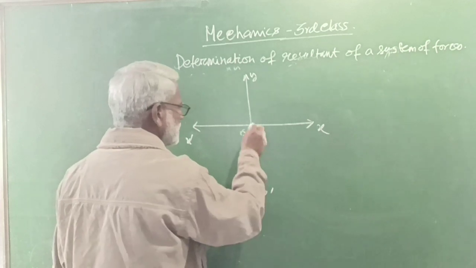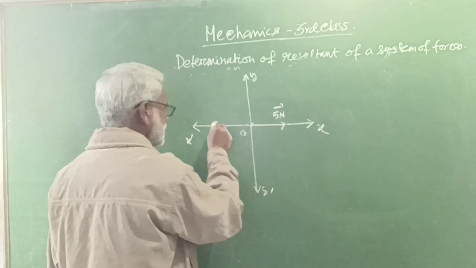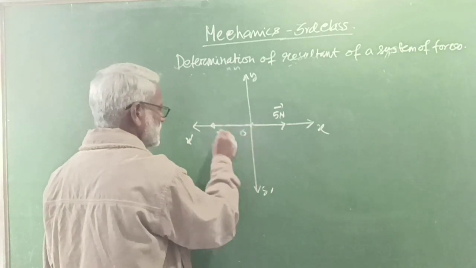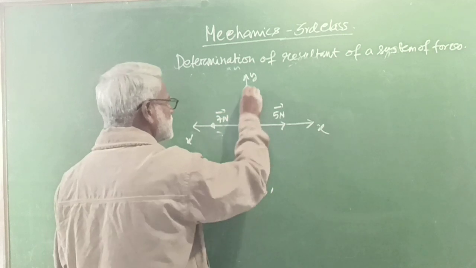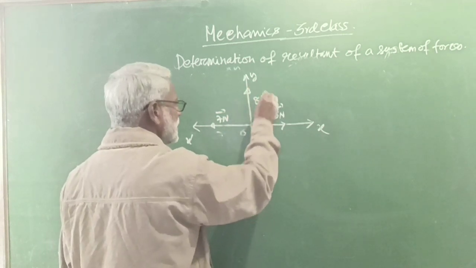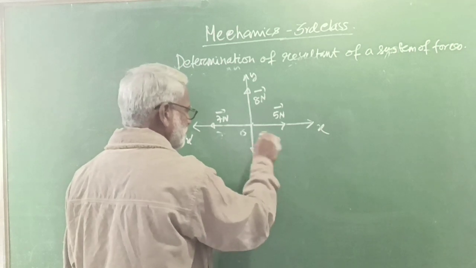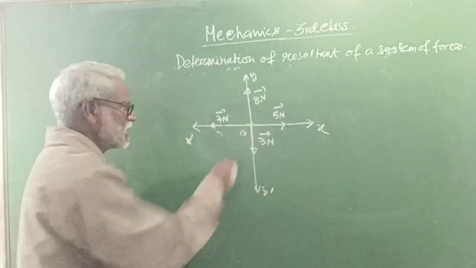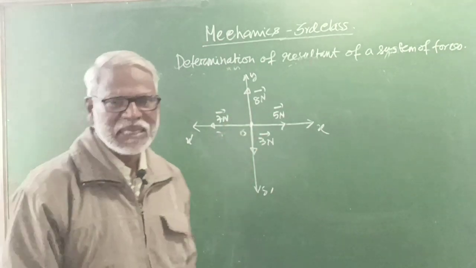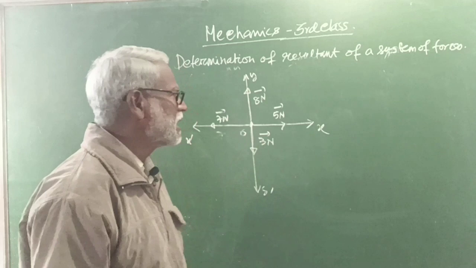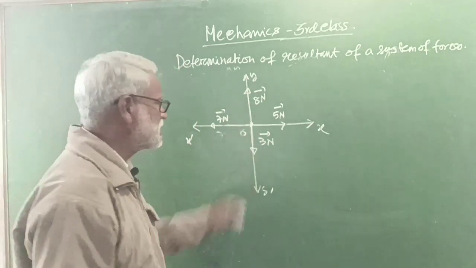Suppose there is a force of 5 Newton here, and another force here which is 7 Newton, and suppose there is a force of 8 Newton and another force of 3 Newton. Like this, forces are acting on a particle or a body which is present at the origin. Let us see what will be the resultant force of this system of forces.